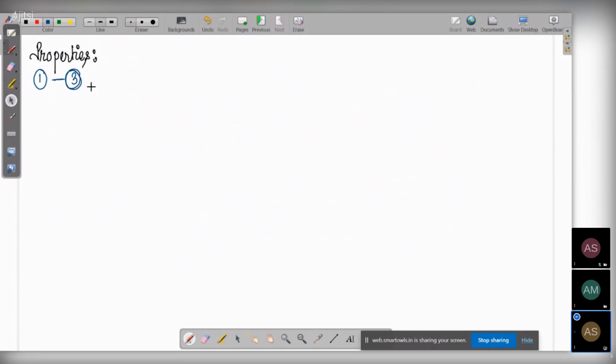That means they are also made up of tiny particles, and these are positively charged particles. So this is similar to cathode ray. This we have to know.